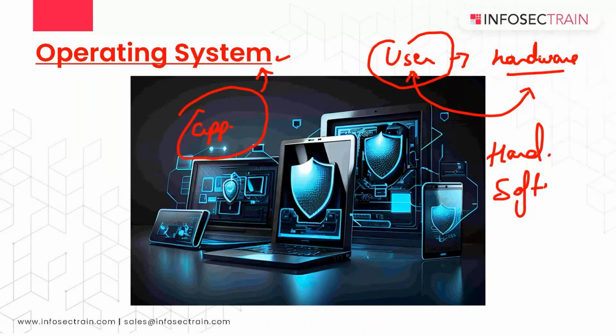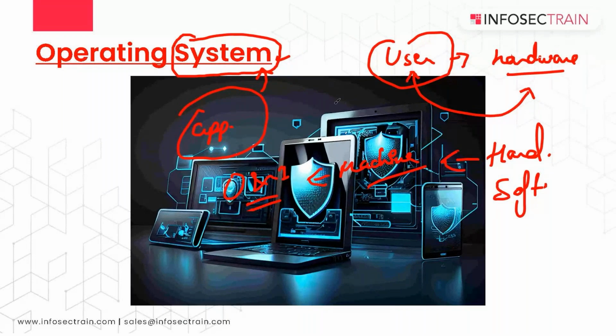Our hardware only understands machine language, which is known as binary, zeros and ones. If we look at binaries normally, they do not make any sense to a human being. So for understanding these binaries, we need a system which can act as a mediator.